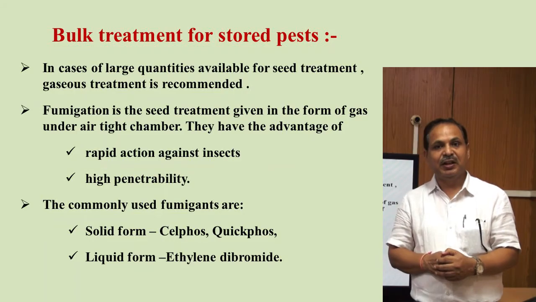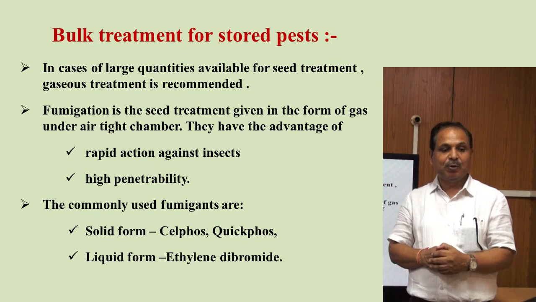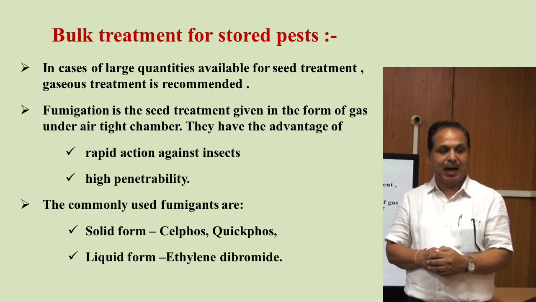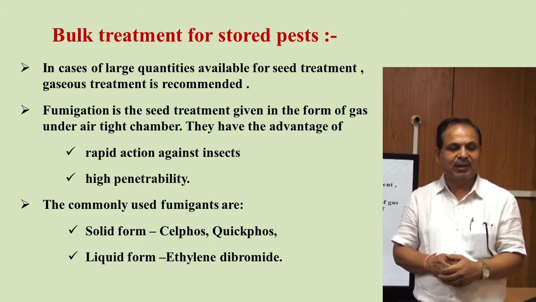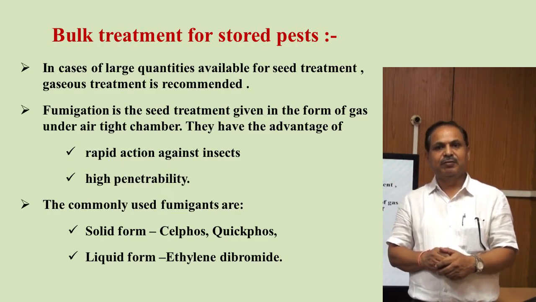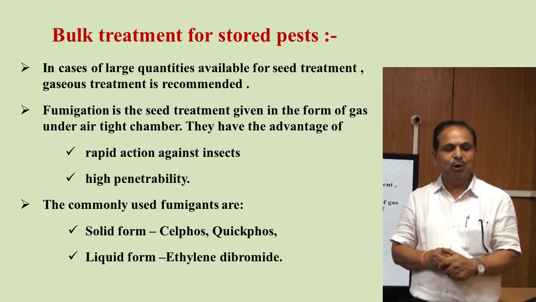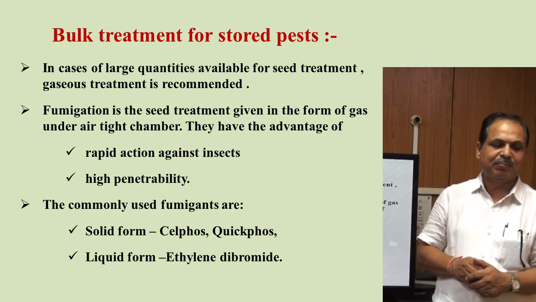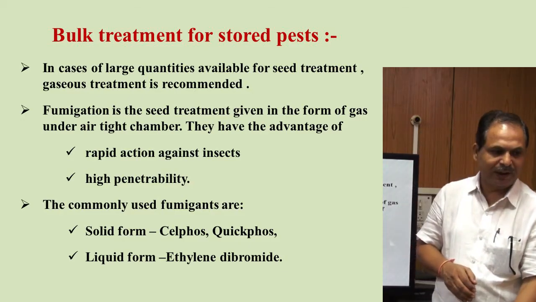Fumigation is very effective when an airtight chamber is provided and the fumigant has high penetrability. The commonly used fumigants are in solid form, that is sulfur or quick phos, generally used for storage purposes, and sometimes the liquid form, ethylene dibromide, is also used for fumigation when seeds are stored in bulk.